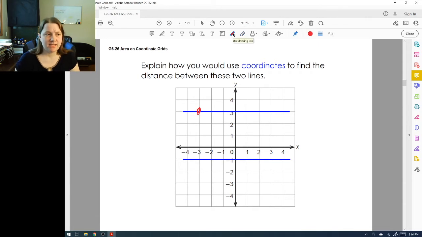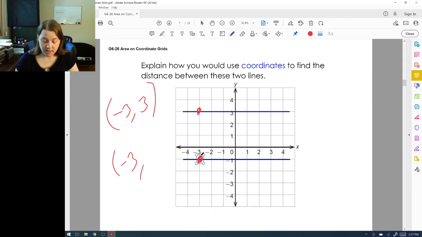That way we have less to look around at. So I'm going to plot 2 points on these two lines. The first point up above, I had to run -3 to get there, and then I jumped up 3. The second point, I had to still run -3, but then I jumped -1.